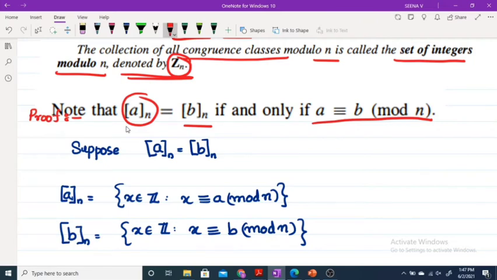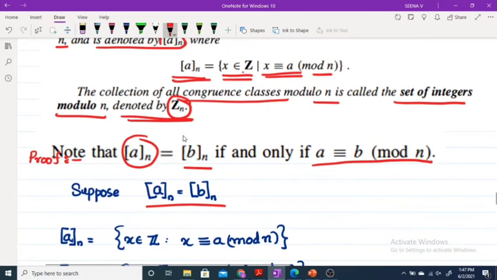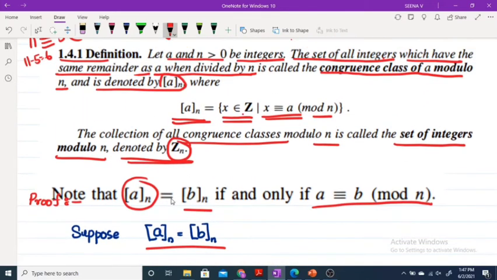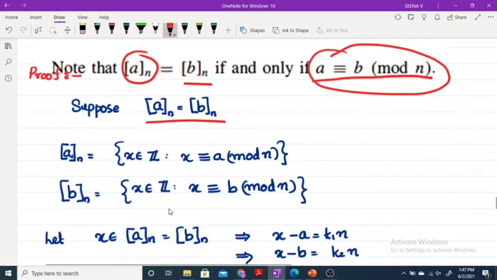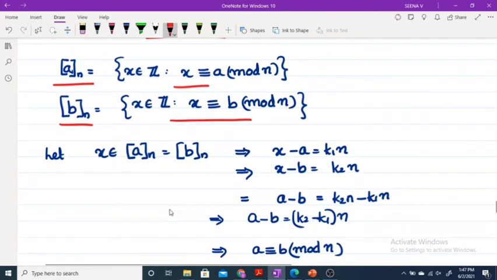For proof, suppose the congruence class of a modulo n is equal to the congruence class of b modulo n, and we have to prove that a is congruent to b mod n. That means a minus b is a multiple of n. By definition, the congruence class of a modulo n is this one, and the class of b is this one, and let x belong to this set.